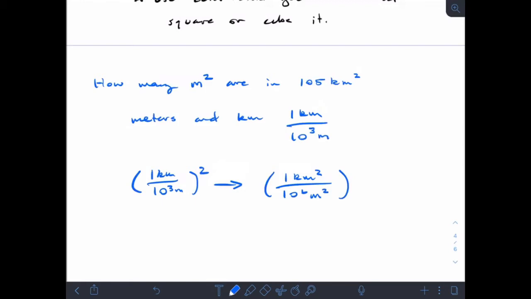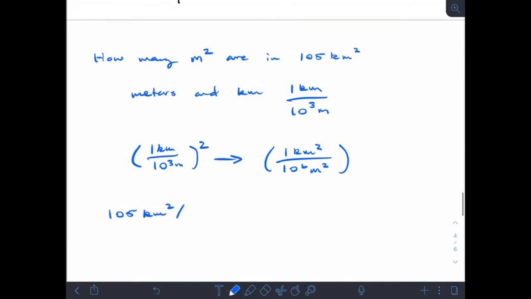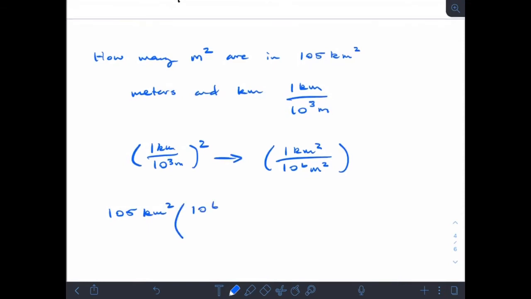When I apply that squared conversion, the tactic is exactly the same. 105 square kilometers is my given information, and I want to put square kilometers on the bottom. So 10 to the 6 square meters over 1 square kilometer.